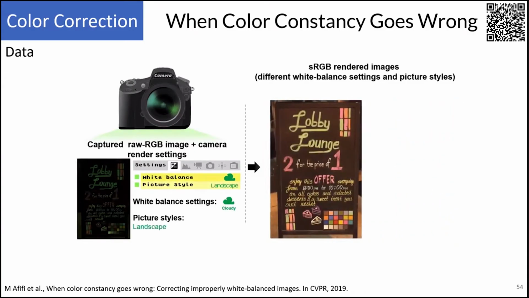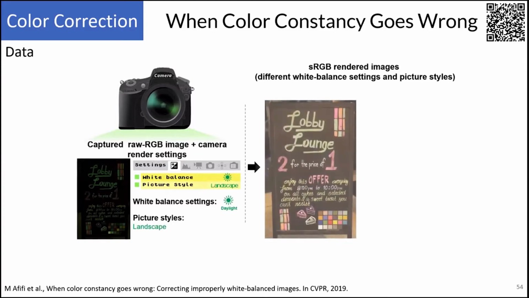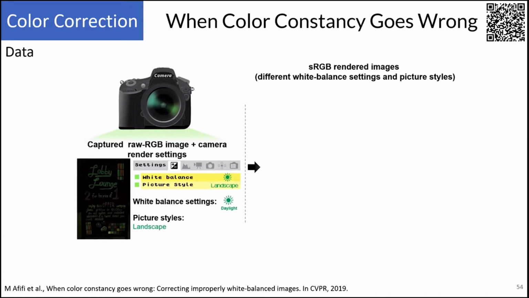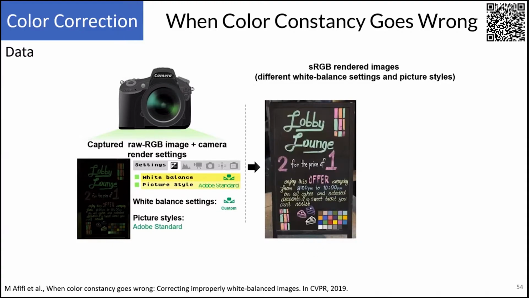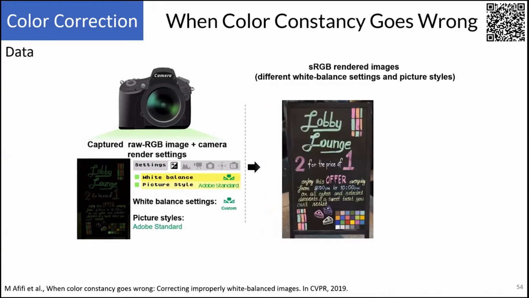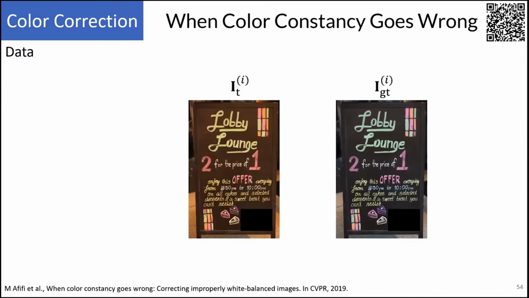So for each raw image, we have different versions of the same scene rendered with different white balance in sRGB space. And we could also generate the ground truth by manually selecting an achromatic reference point. That gives us a pair of images in sRGB space, one with incorrect or inaccurate white balance rendering, and the second with the ground truth.